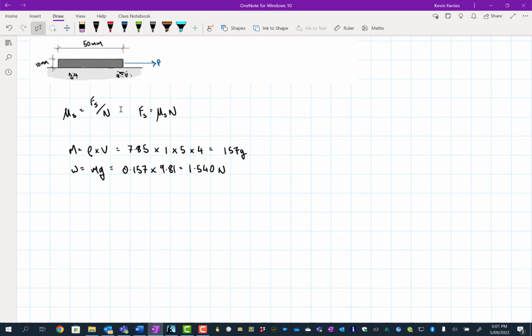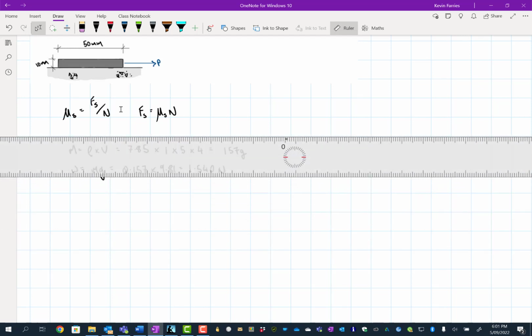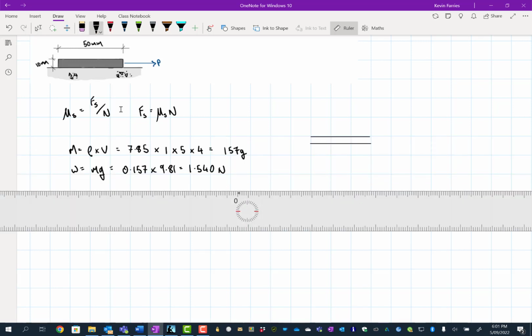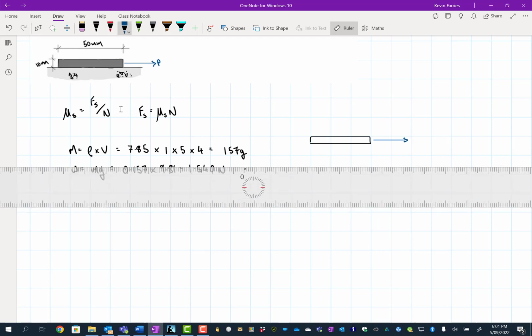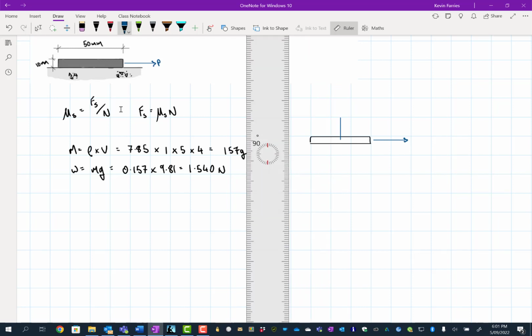So let's just draw a free body diagram. It should always be what we do for these types of problems. And so we've got our little plate. We're going to draw that on its own. And we're applying a force P. We're going to have a weight W, which I'll probably just draw like so, just to keep it out of the way.